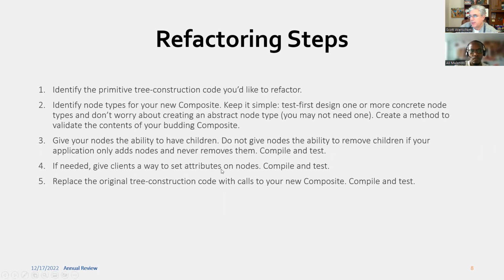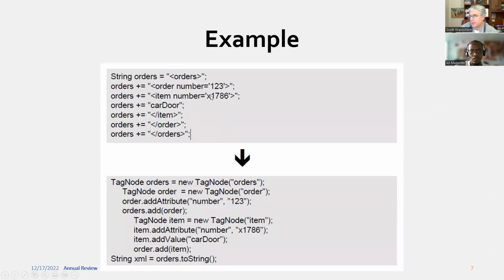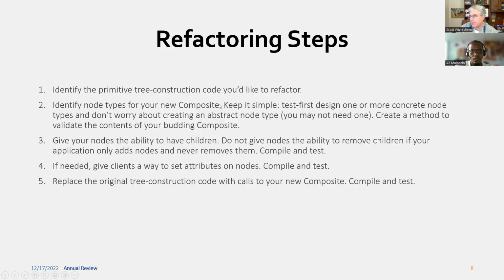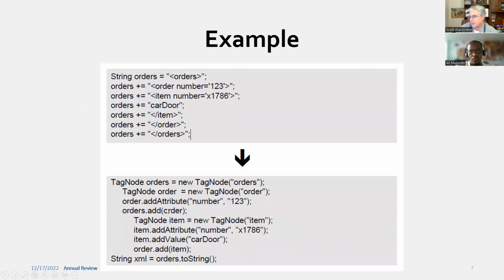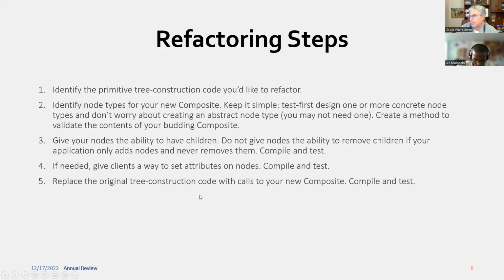And they can set attributes on the nodes, so this would be an attribute with a value that you can set. Then once you've got your way to get all your nodes hung together, you'll go and replace your original code with your new code. And of course, compile and test all along the way.